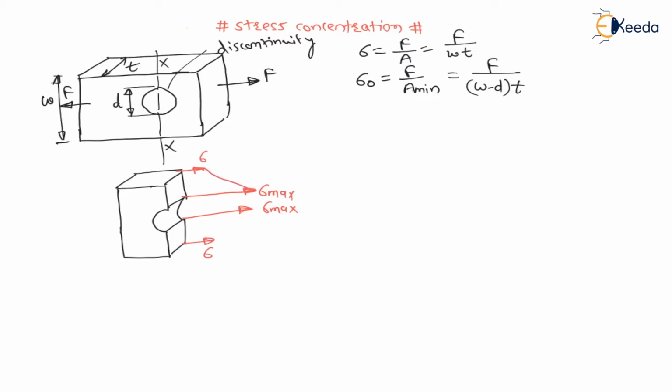As we go towards the discontinuity, the stress value increases. The theoretical stress concentration factor Kt is the maximum stress near the discontinuity divided by the nominal stress calculated on the basis of minimum cross section area. This we already defined in the previous lecture.